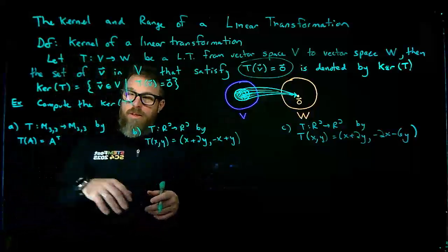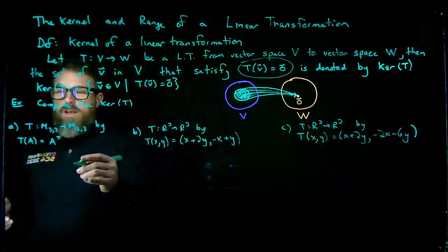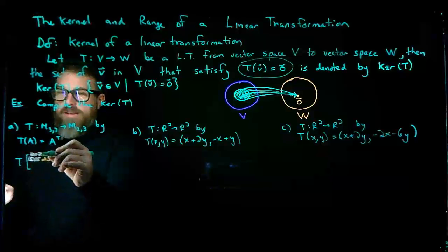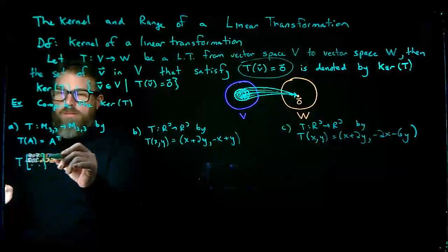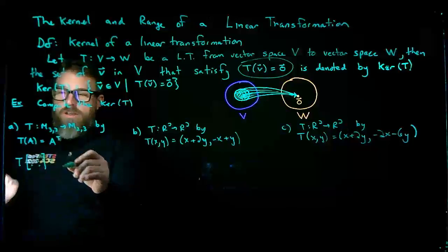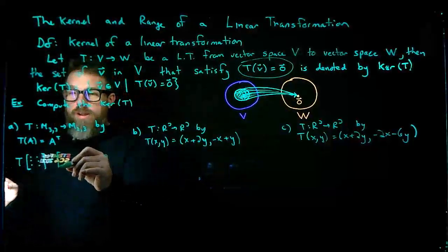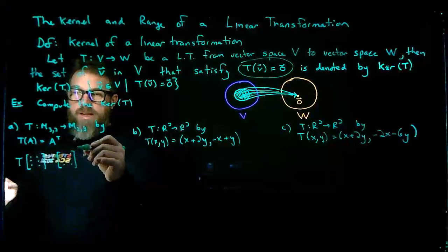Now, the kernel is trivial because I'm really asking T of a 3 by 2 matrix, so 3 rows, 2 columns. When I send it through this transformation, which is nothing more than the transpose of this particular matrix, I'm just putting empty dots in here.